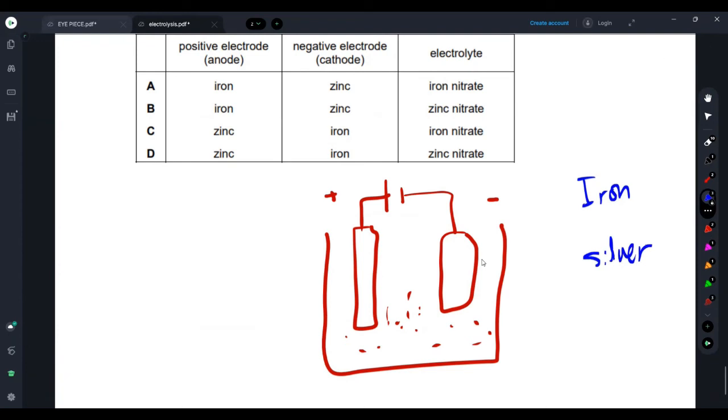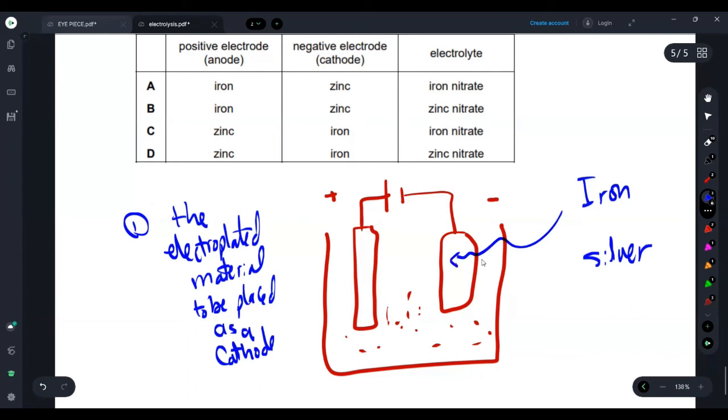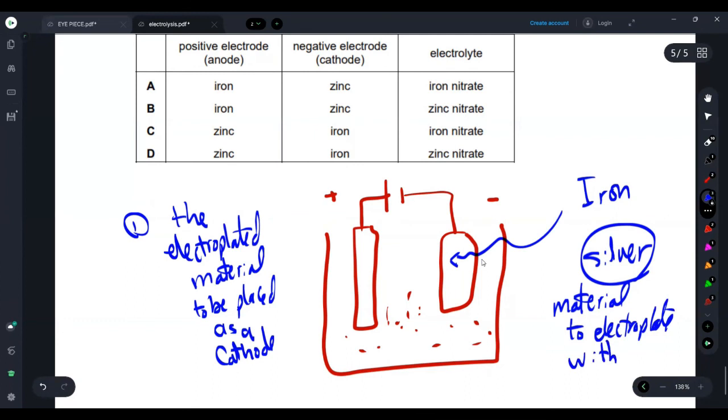Three rules for electroplating. Number 1, the material to be electroplated is placed as the cathode. So here we have the iron. On the other hand, the material to electroplate with is the anode.